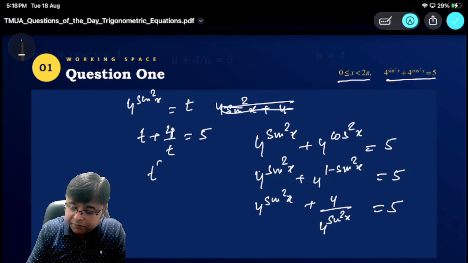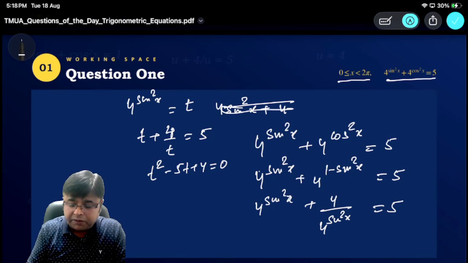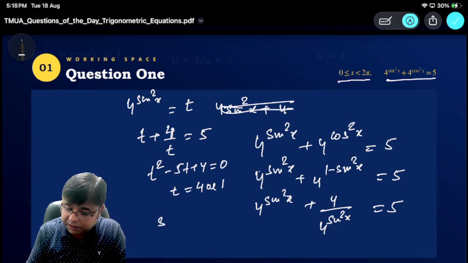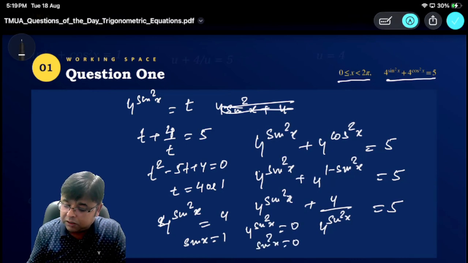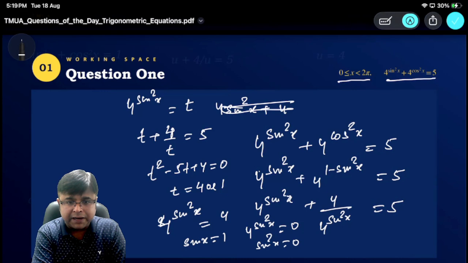Now this will finally give me t square minus 5t plus 4 equals 0, and the values of t so obtained will be either 4 or 1. Now let me put it back in the expression. 4 to the power sine square x is either 4, which will give me sine square x is 1, or 4 to the power sine square x is 1, which will give me sine square x is 0. So sine x is either plus minus 1 or sine x is 0.